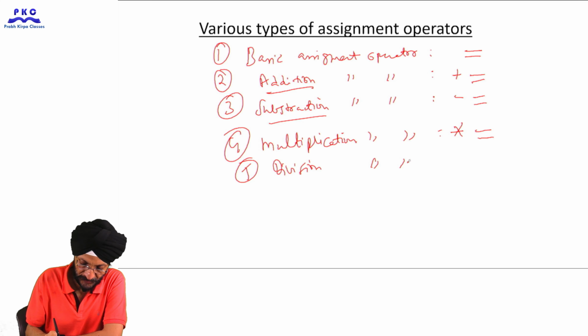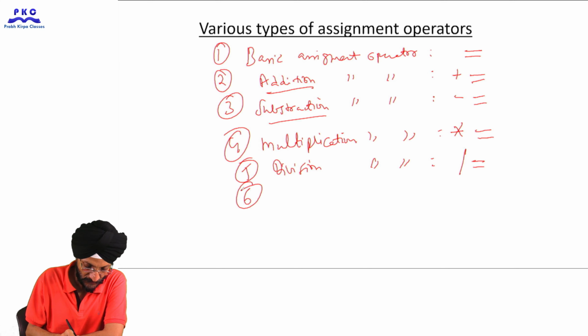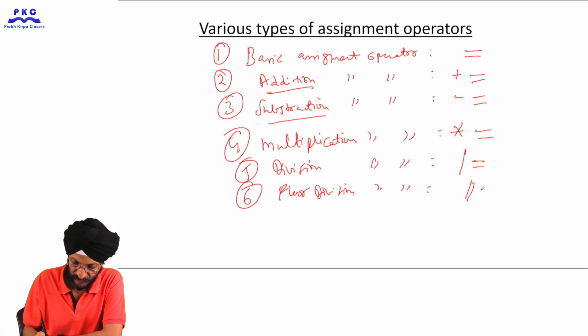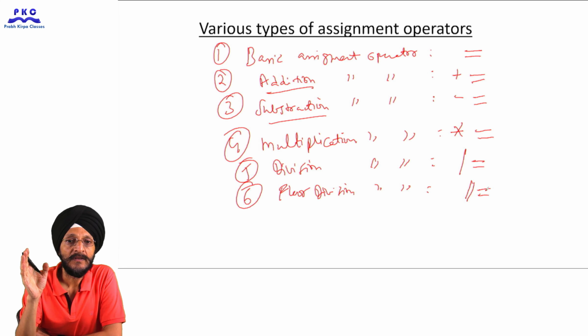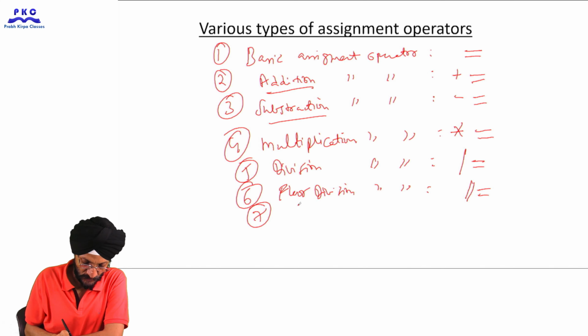Division assignment operator. Then floor division assignment operator, which uses two slashes and is equal to. Then modulo assignment operator.